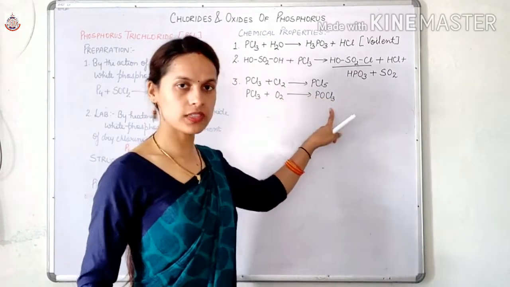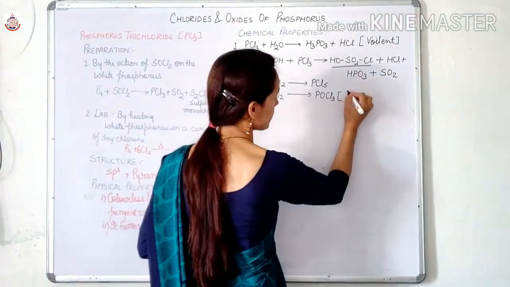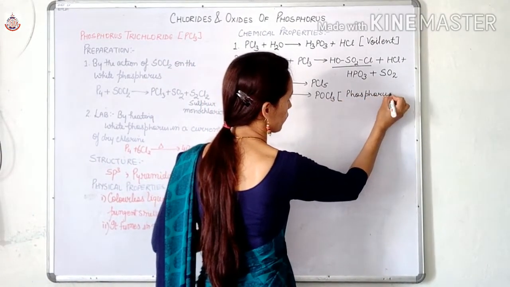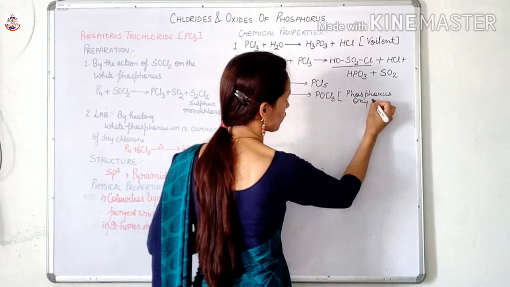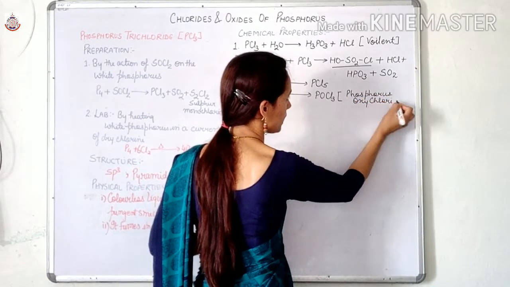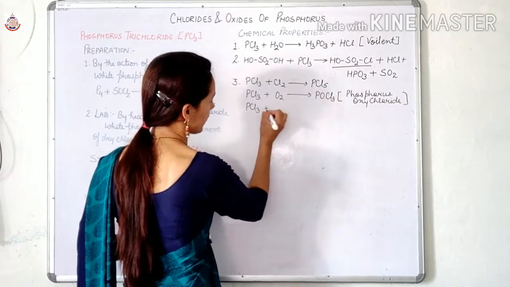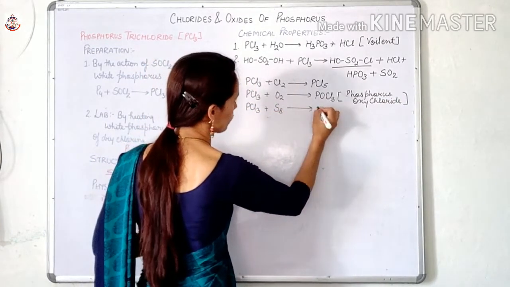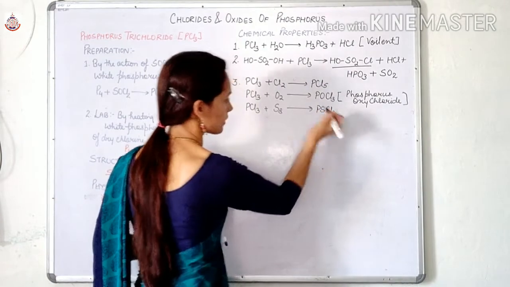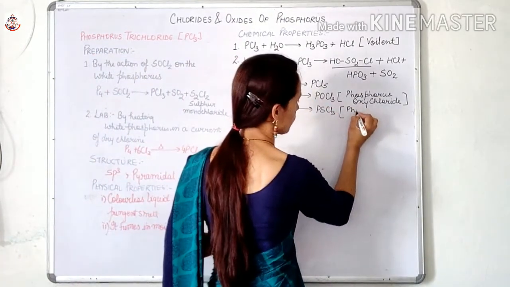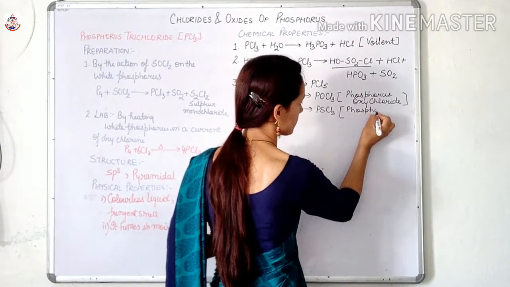Now what is POCl3 here? POCl3 is phosphorus oxychloride. And when PCl3 reacts with sulfur, it forms PSCl3, and this is known as phosphorus thiochloride.